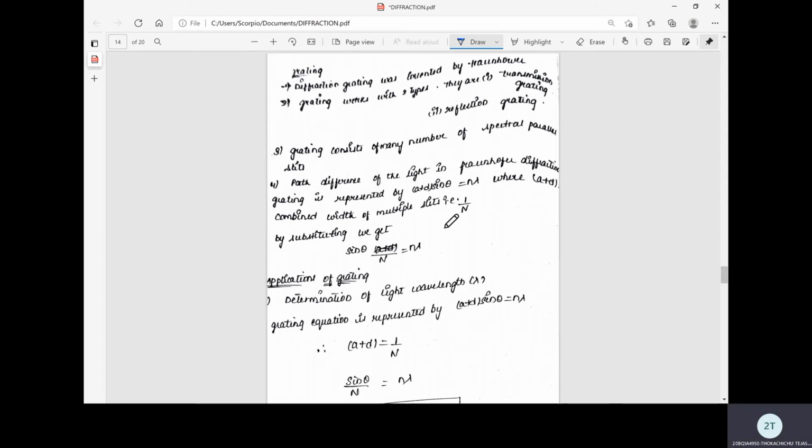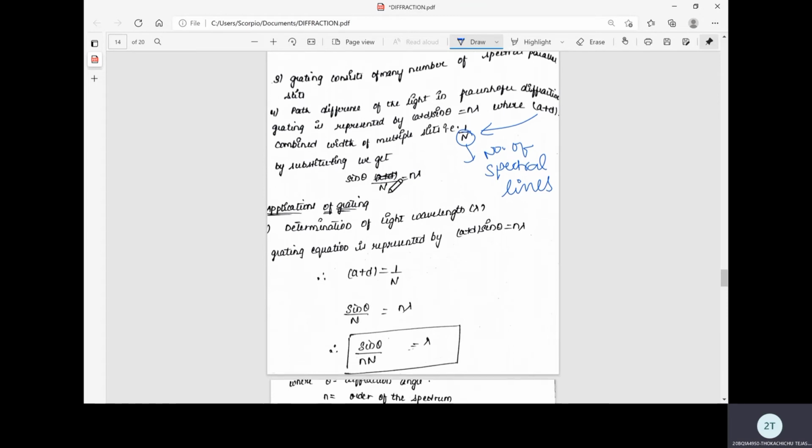The path difference of the light in Fraunhofer diffraction grating is represented by A plus T sine theta equals n lambda, where A plus T is the combined width of the multiple slits, that is 1 by N, where capital N is the number of spectral lines, that is, how many lines are passing through the consecutive slits.